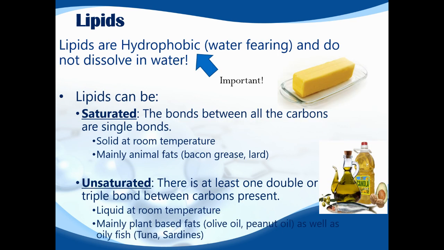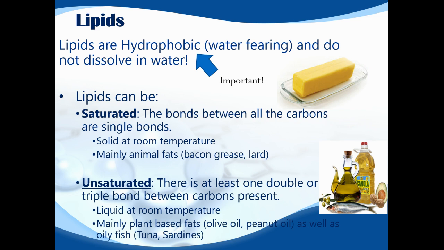Lipids are hydrophobic, meaning water-fearing, which means they do not easily attach to water and do not dissolve in water. They are not easily soluble in water. Lipids can be saturated, where the bonds between all the carbons are single bonds.